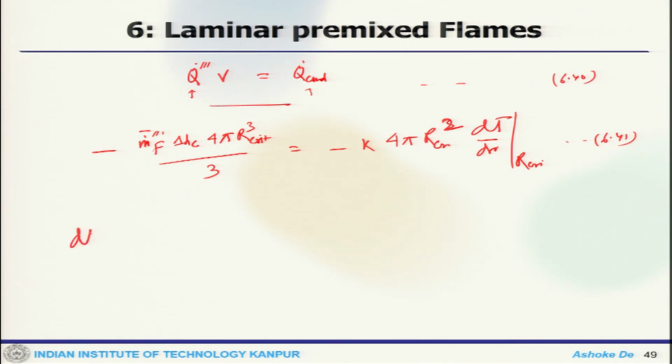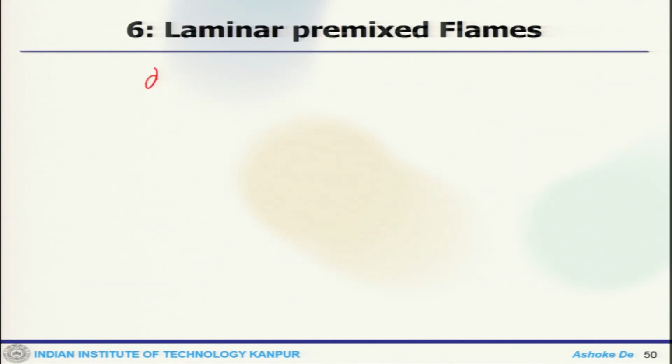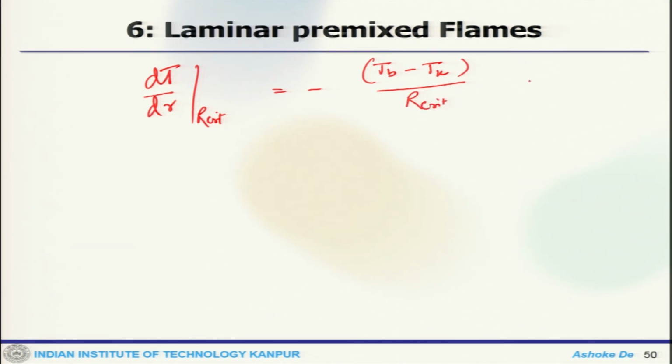Here dT by dr at R critical can be obtained from the temperature distribution, and R will lie between infinity and R critical. Then, from the temperature distribution, one can write this dT by dr at R critical as nothing but Tb minus Tu by R critical.